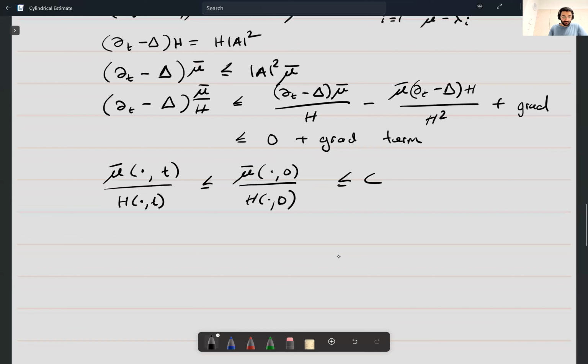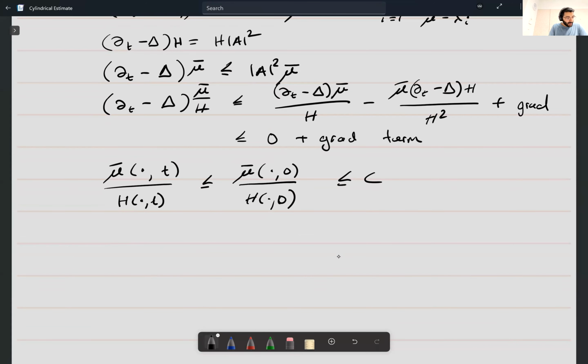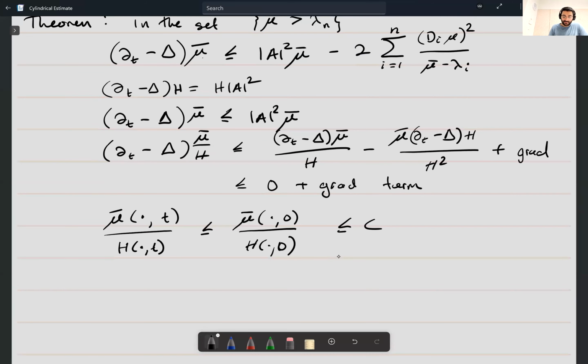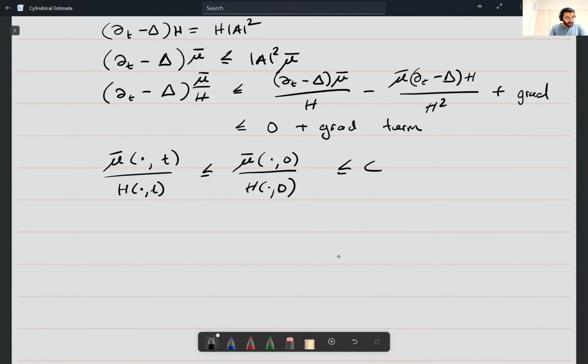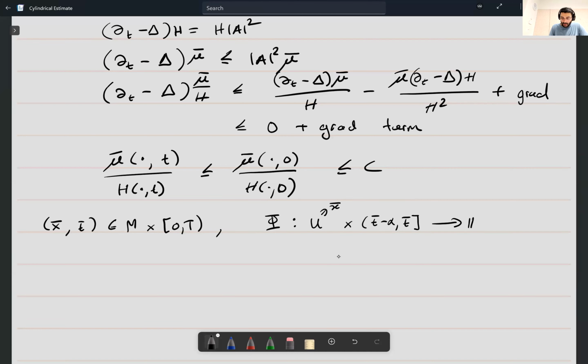What it means is that this inequality is satisfied in the viscosity sense, which means that if I take some point x bar, t bar in M times (0,T), and I have a function phi, defined from some open set that contains x bar and some backwards interval containing t bar to R, a smooth function.